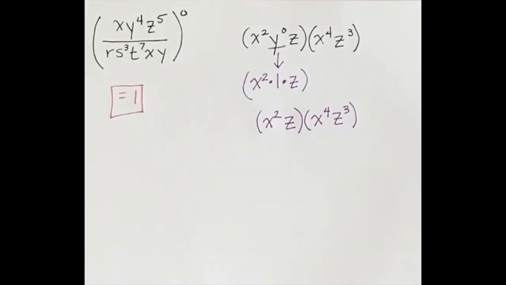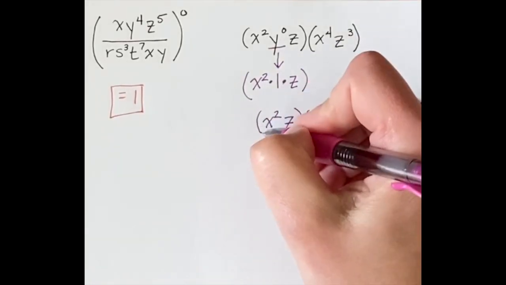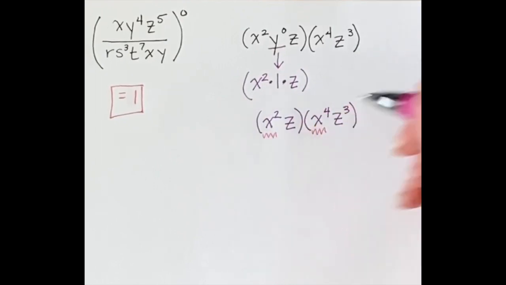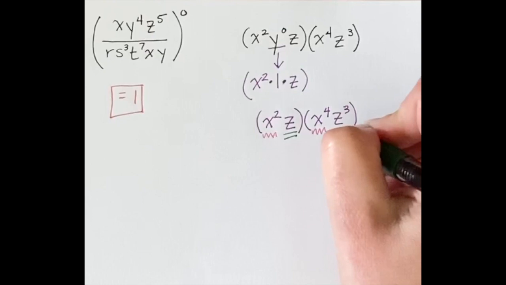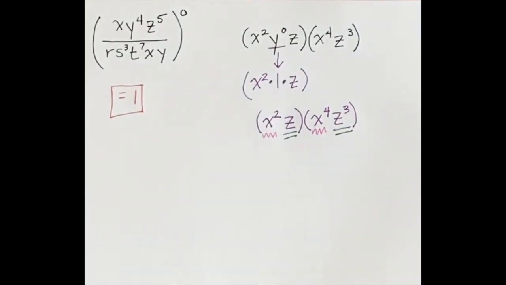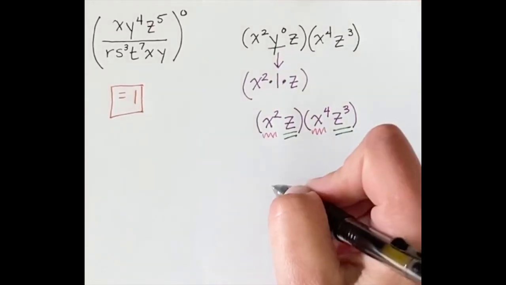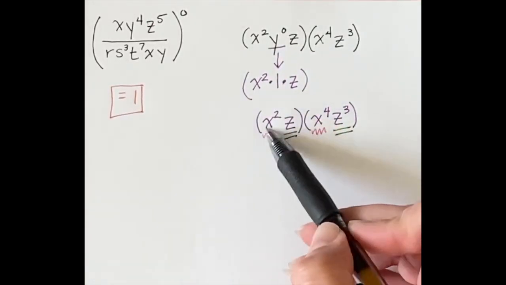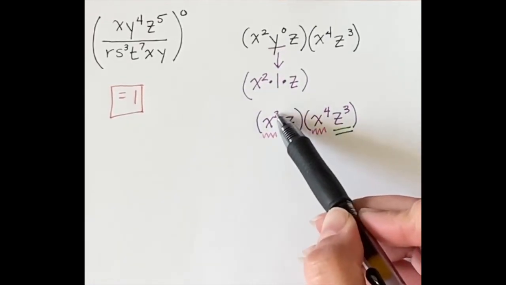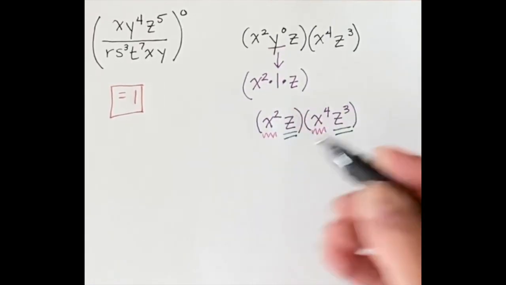All right, one thing we notice is that we have like bases of x's right there and like bases of z's right here. Remember the product of exponents rule, where if you have the same base being multiplied, all you have to do is add the exponents.